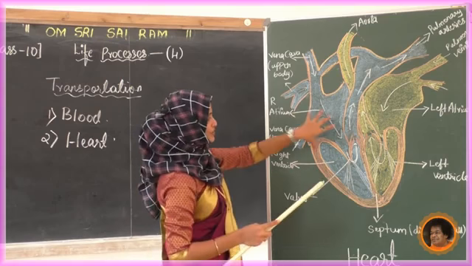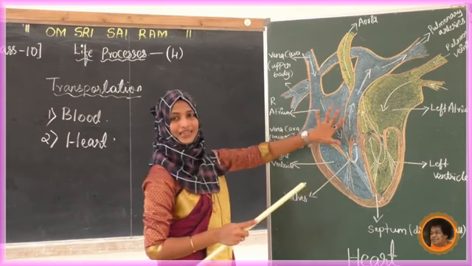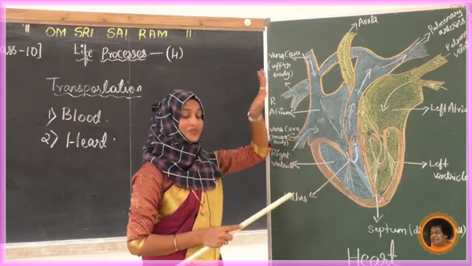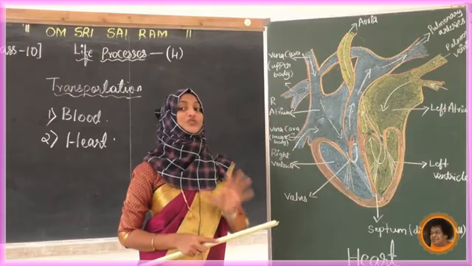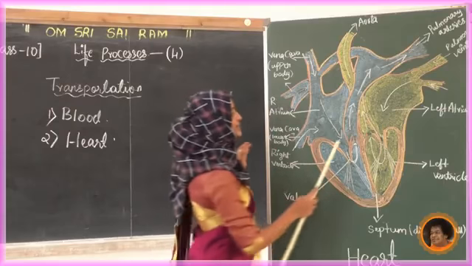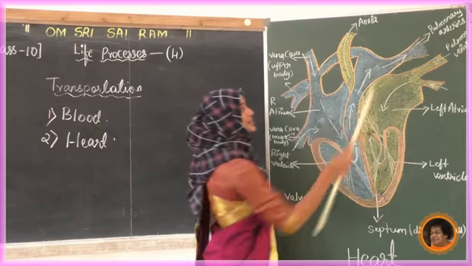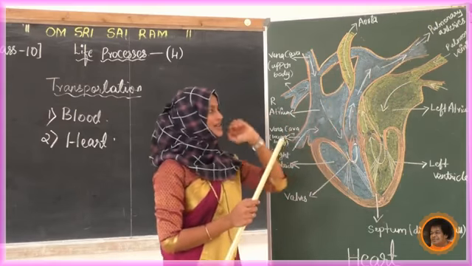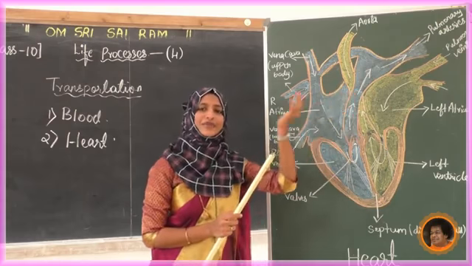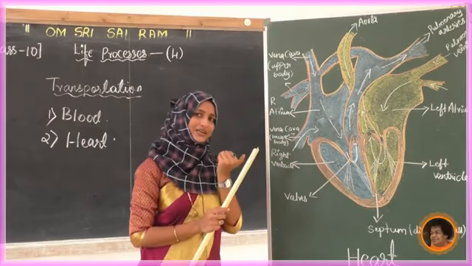Roughly I have given it the blue color, because we know that deoxygenated blood is bluish purple in color. Through the arteries it reaches the lungs. Now the lungs give back oxygenated blood.